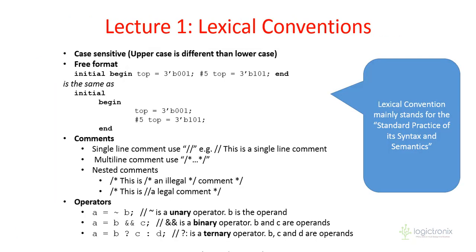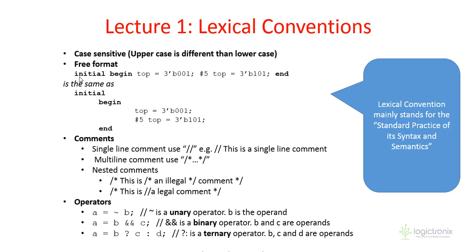So another is lexical convention. Lexical convention is like the standard practice of syntax and semantics. Verilog is case sensitive, so uppercase is different from lowercase. If you are defining or writing uppercase letters or a variable name, then it must be consistent. The same rules or standard must be followed throughout the program. There is also the formatting of a Verilog program.